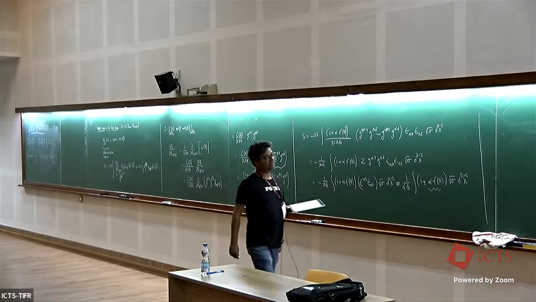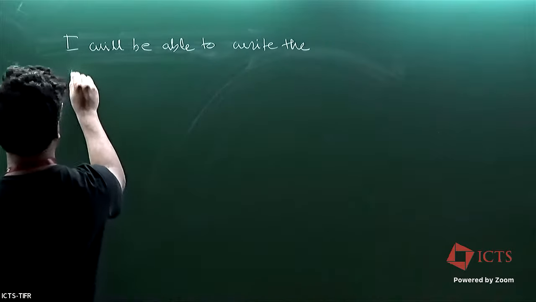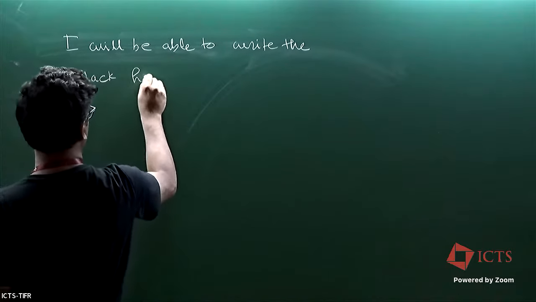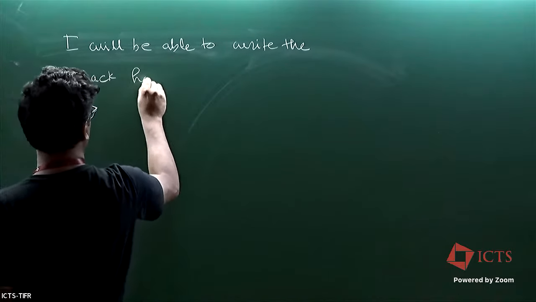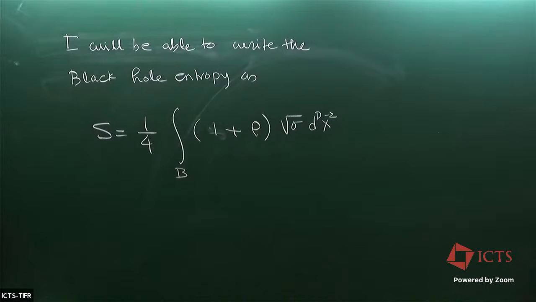I will be able to write the black hole entropy for any theory as S = 1/4 times the integral on some cross-section of the horizon of (1 + rho) times the square root of sigma, d^{D-2}x. Here 1 is for GR and rho is for your theory. Rho we don't know.